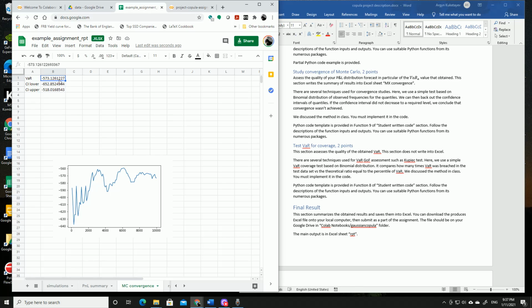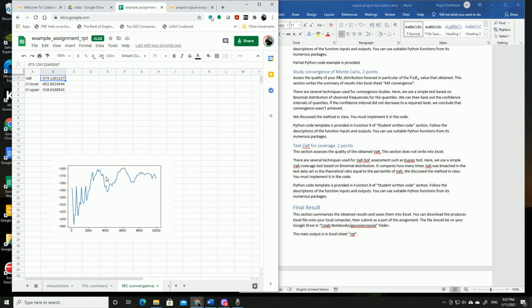And we are saying this number 573 comes with this confidence interval, lower and upper, at minus 1 sigma and plus 1 sigma. Then we will look at the difference between them. If the difference is small enough compared to VaR itself, then we will say, well, it's good.